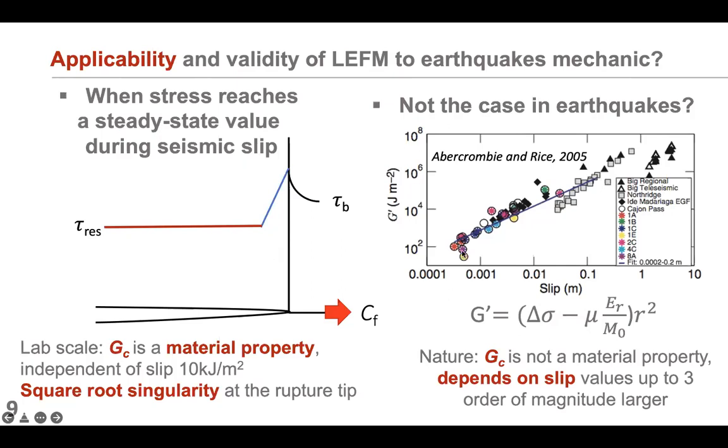But what we know is that the estimates of fracture energy from seismological data seem to be slip dependent. So the larger the seismic slip, the larger the values of apparent fracture energy. And so it's not a constant. And also we have seen that these values of fracture energy are much larger than what we can find in terms of material properties in rocks.